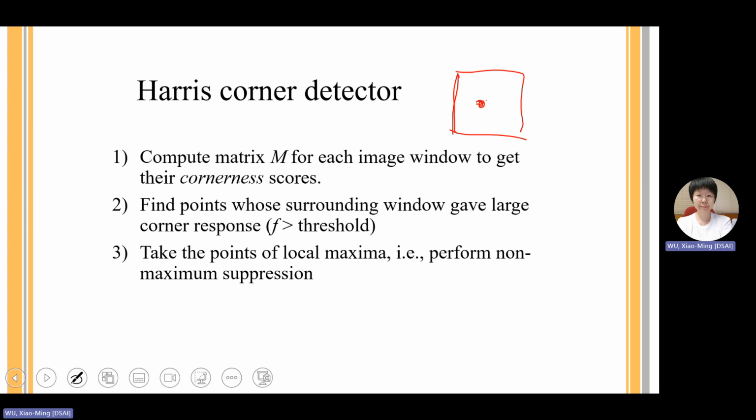For each window, we compute some matrix, and then we obtain a cornerness score for each pixel.